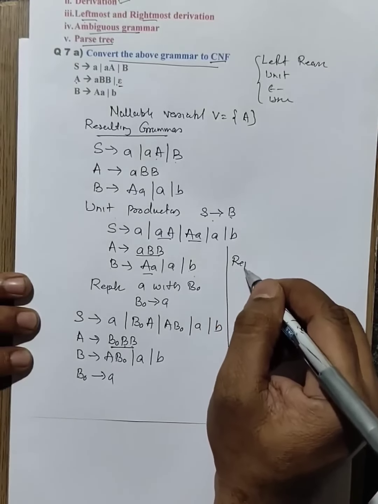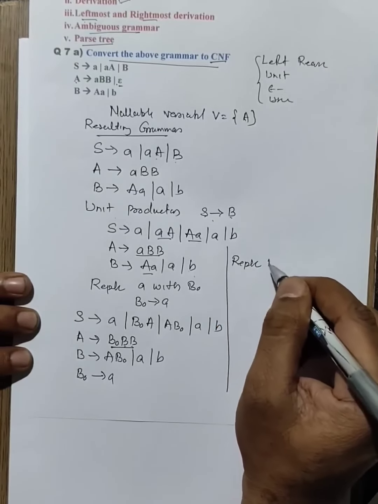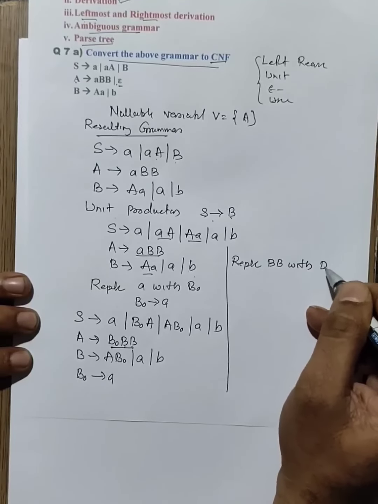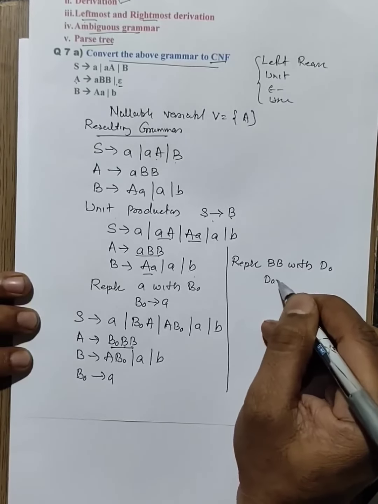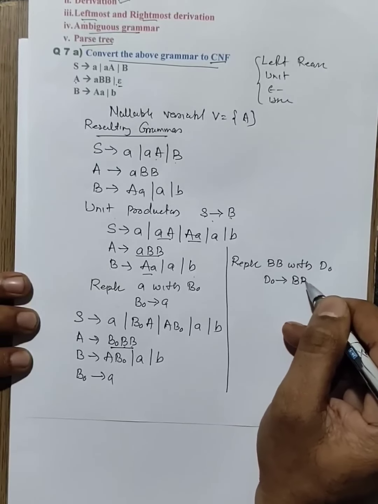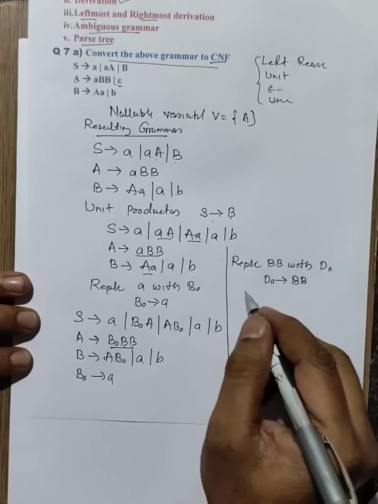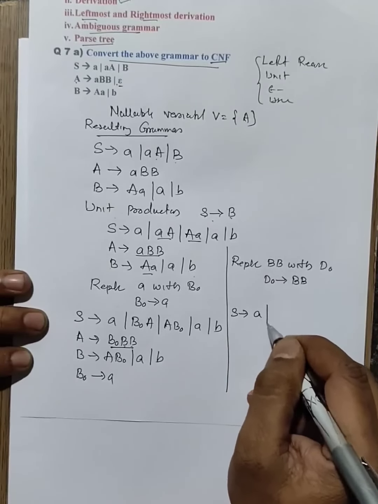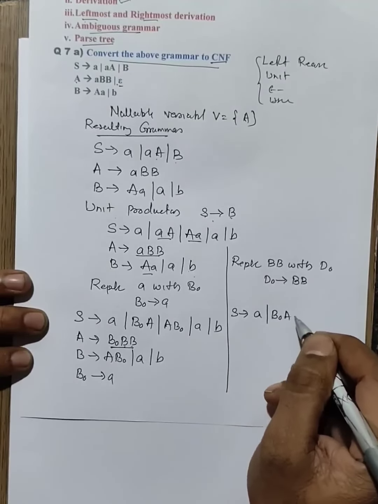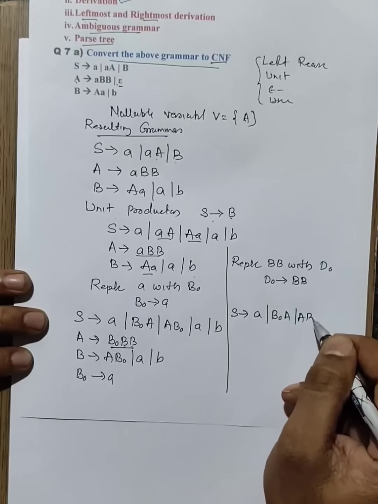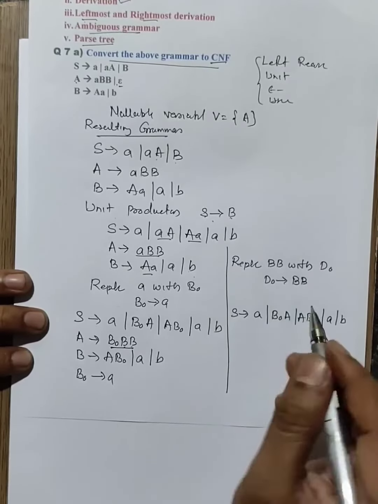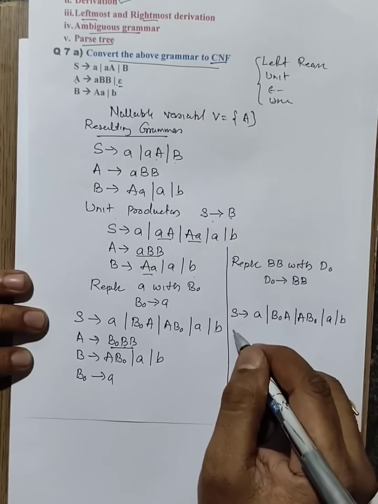Replace B with a new variable D0. Means D0 produces B. After this substitution, S produces A, B0 A, B0 A, B. If the grammar is already CNF, keep it as it is.